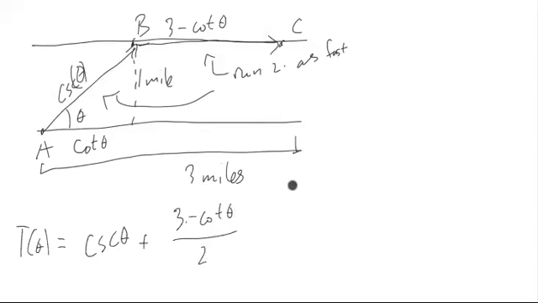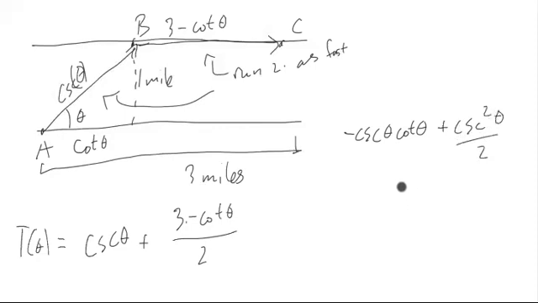Now we come up with a derivative, which is negative cosecant theta cotangent theta. And then over here, the 3/2 just goes away on the derivative. We're left with a plus cosecant squared theta over 2.